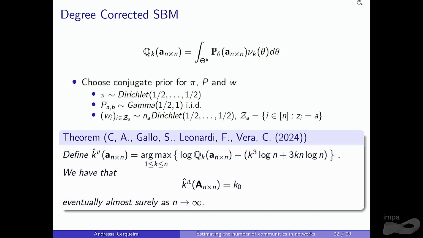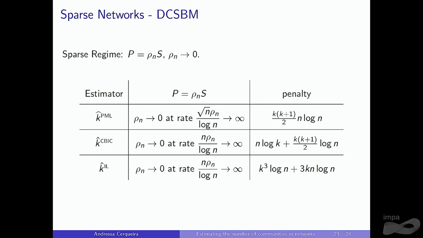Okay. For the sparsity, we also have some results. In the same papers, they also proved it for the degree-corrected case, right? This is why I didn't show it, but they have the proofs that the penalized maximum likelihood is consistent for the degree-corrected model, and the corrected BIC is also consistent.